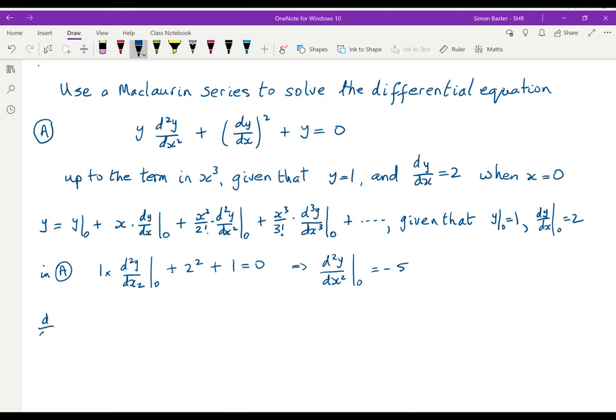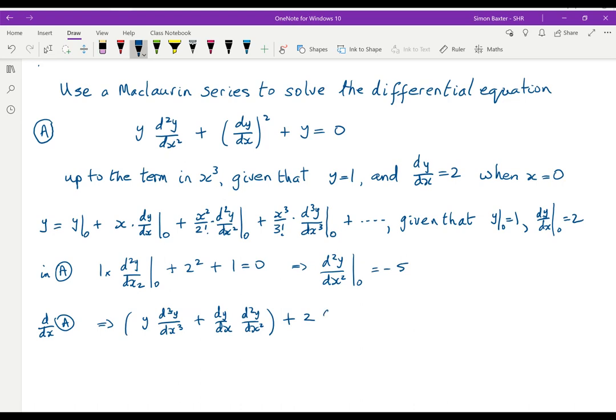So d by dx of the first one, which is a product: y, differentiate d2y by dx squared gives me d3y by dx cubed, plus differentiate y gives me dy by dx, d2y by dx squared, plus if I differentiate dy by dx all squared, that is chain rule.